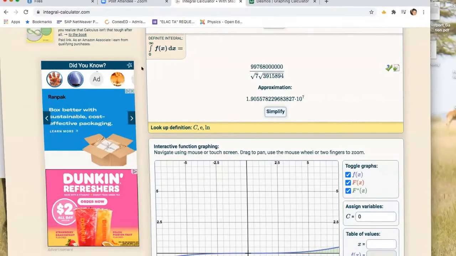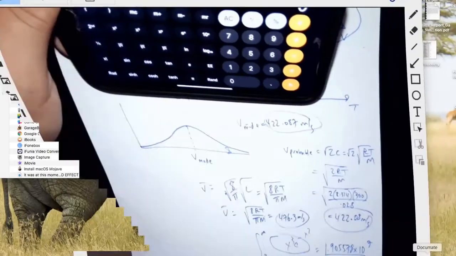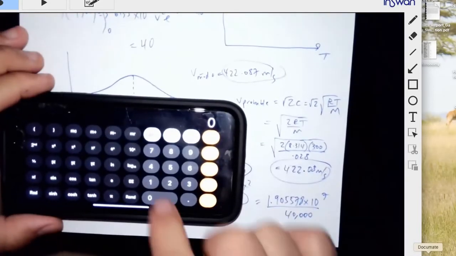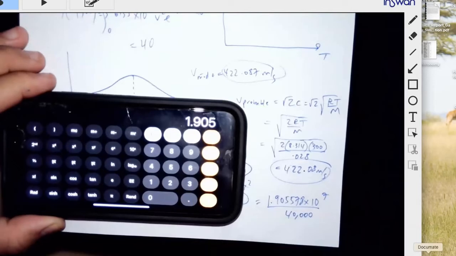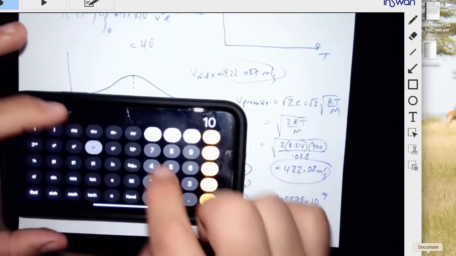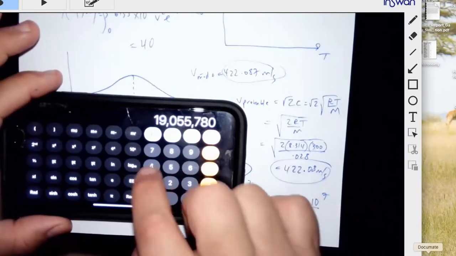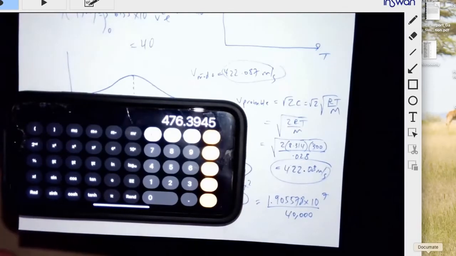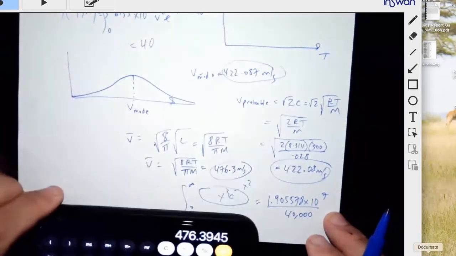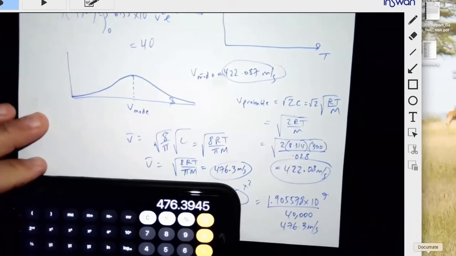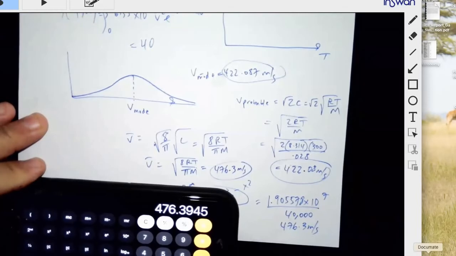Okay, so here comes the moment of truth. 1.905578 times 10 to the power 7 divided by 40,000. Yes, 476.3. That is the average velocity.